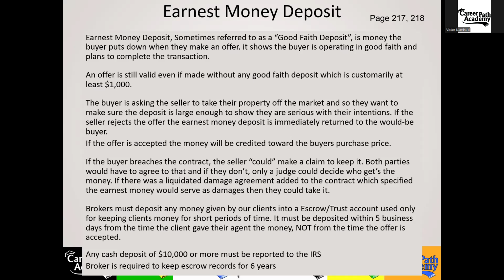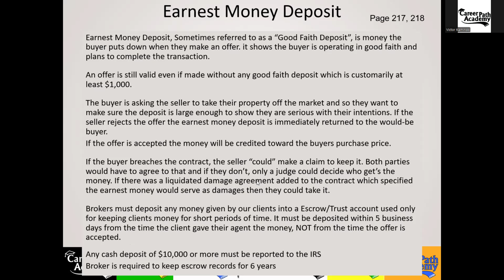The brokers must deposit any money given by our clients into an escrow account, escrow or trust account. There are two names used to describe the same thing, a bank account used only for keeping our clients' money in for short periods of time. It must be deposited there within 5 business days of acceptance, not of the offer being accepted, but within 5 business days of the agent accepting the money from their clients.